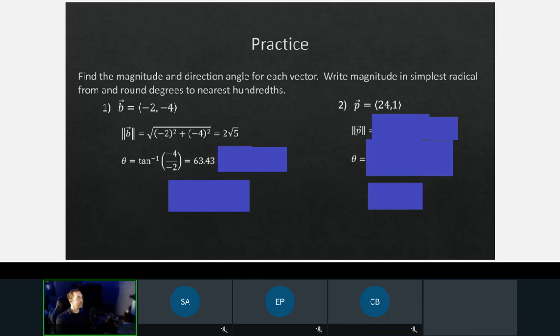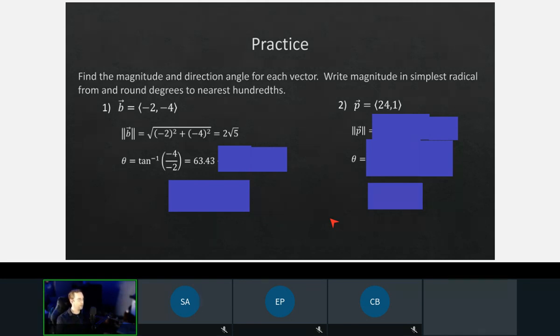All right, so just like yesterday, you're looking at this coordinate, -2, -4. Which quadrant is that point in? It's in quadrant 3. The degree that we found, which quadrant is that in? Quadrant 1. So what do we got to do? We just add 180 to it. We just have to rotate it 180 to be in quadrant 3.